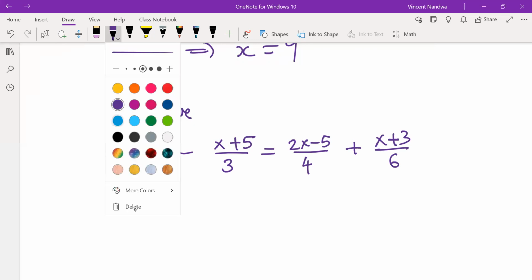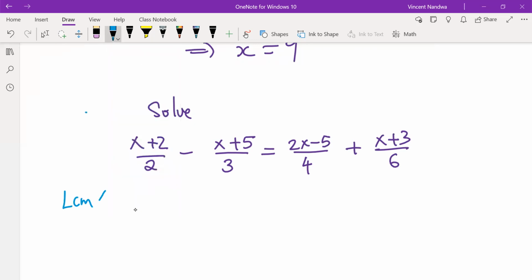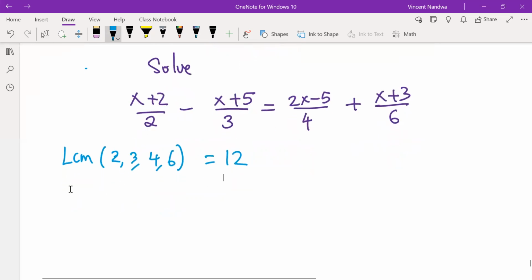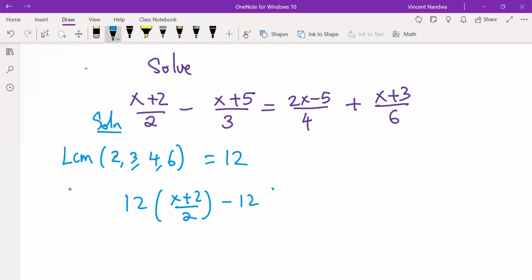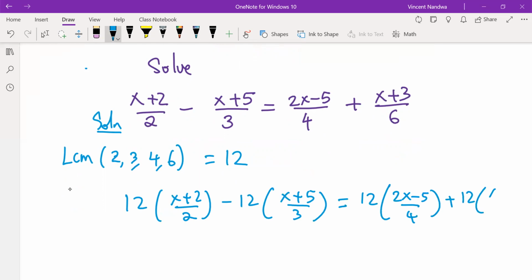So the best way is to get the LCM of the denominators. The LCM of 2, 3, 4, and 6 is 12. And once you have the LCM, multiply each term, and put it on the left-hand side so that you don't mix the sign. So I'll have 12 into (x plus 2) over 2 minus 12 into (x plus 5) over 3 equals 12 into (2x minus 5) over 4 plus 12 into (x plus 3) over 6.